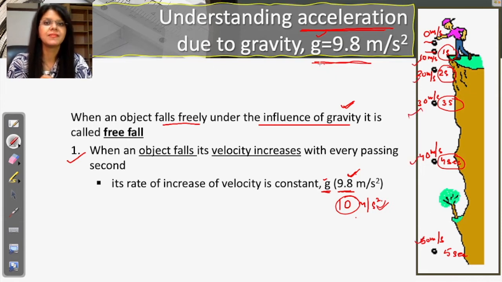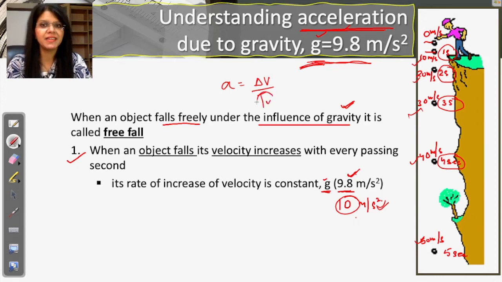This is what the concept of G means, right? Acceleration, if you don't remember the formula, is the change in the velocity over the time taken for this change. So if the time taken is 1 second, the change in the velocity is the same as acceleration.